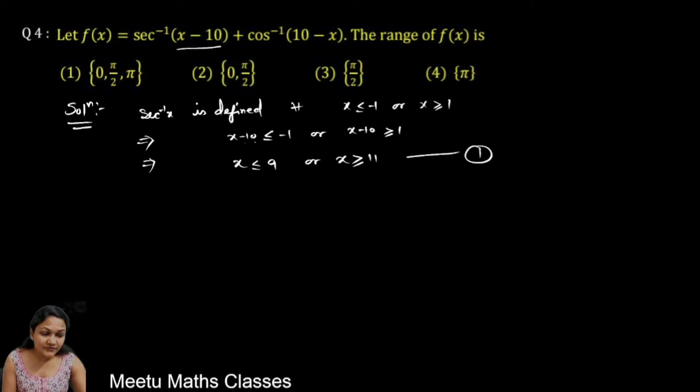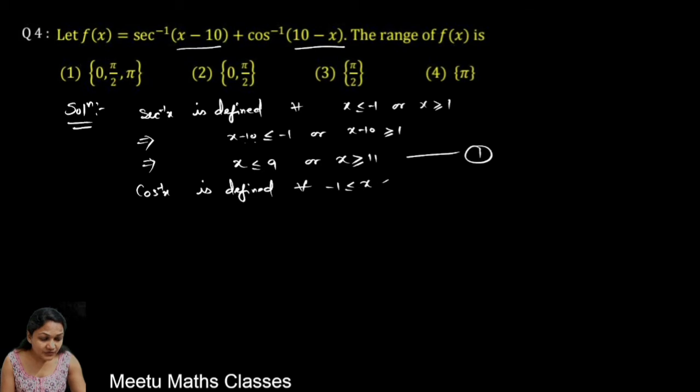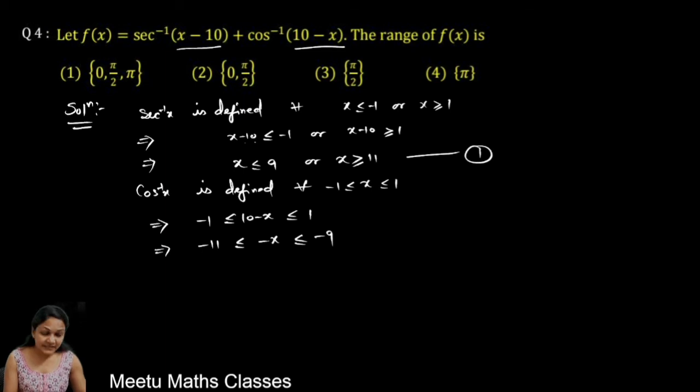Now consider cos inverse of (10 minus x). Cos inverse x is defined for all x lying between -1 and 1. So 10 minus x must lie between -1 and 1. If we subtract 10, we get minus 11 less than or equal to minus x less than or equal to minus 9. If you multiply by minus, then x must lie between 9 and 11.